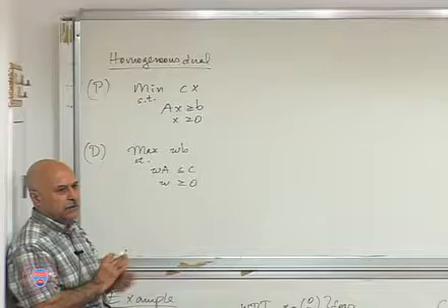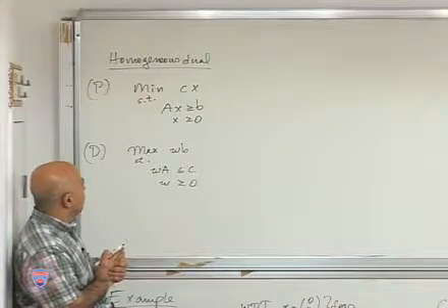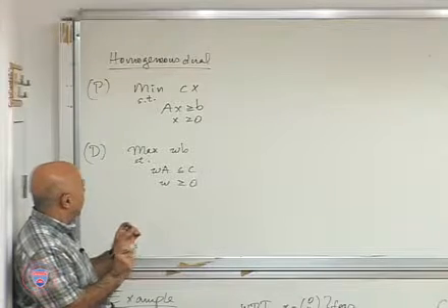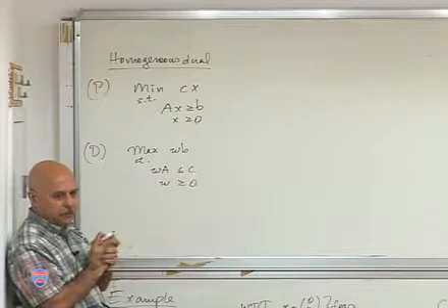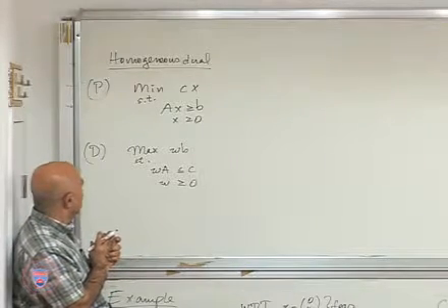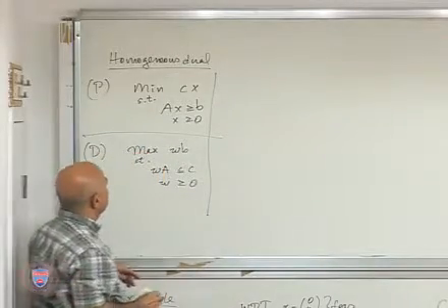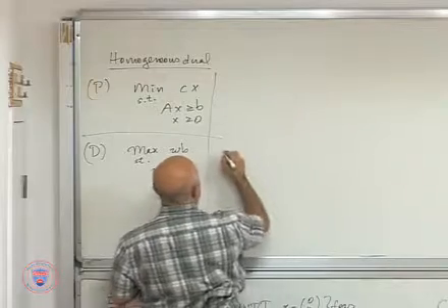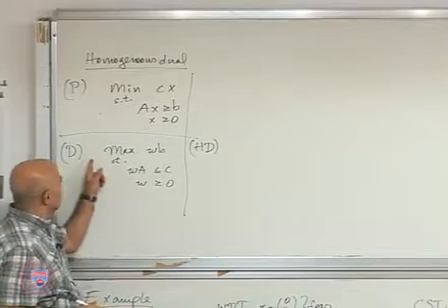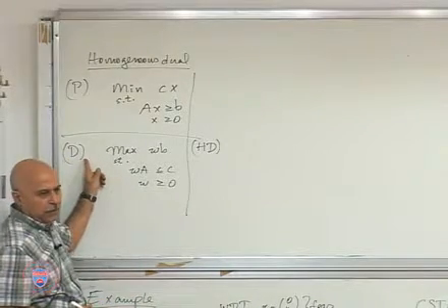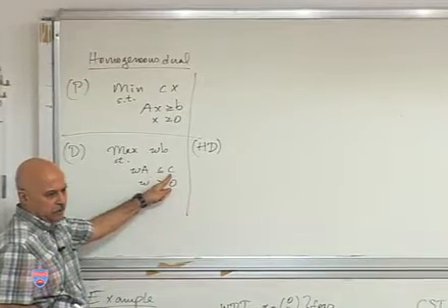Now, to avoid that complication, rather than having either-or type of statement, we want to have an if and only if type of statement. For that reason, the so-called homogeneous dual works quite fine. So let me write down the homogeneous dual here. It is essentially the same as the dual, except that the right side here is replaced by the 0 vector. Okay?